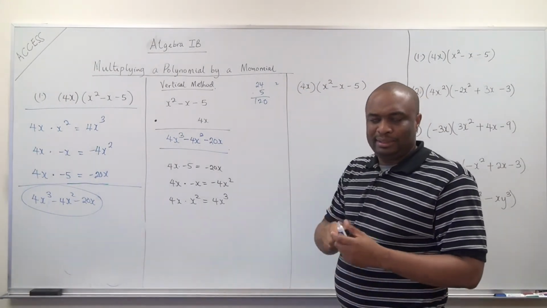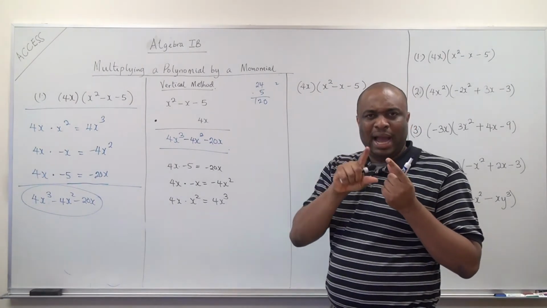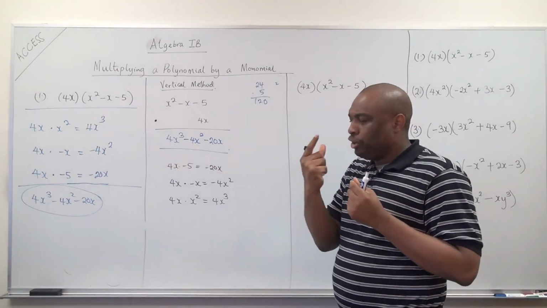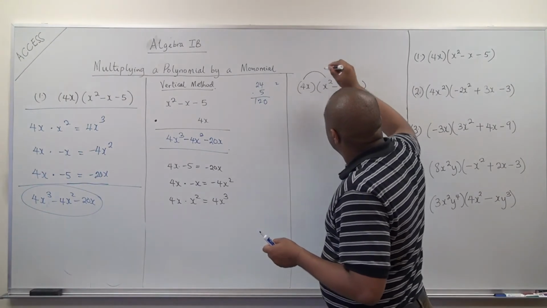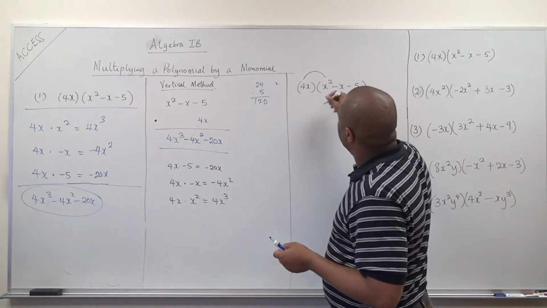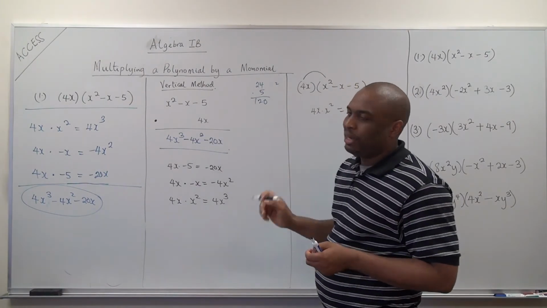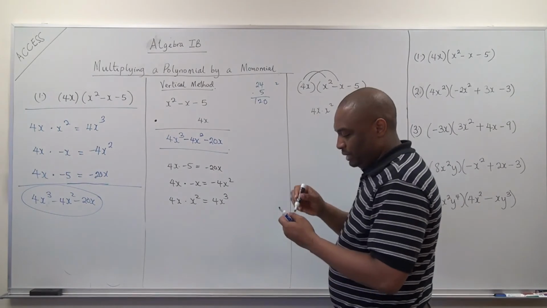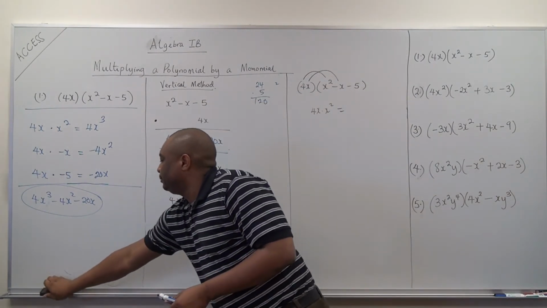Now, some other people might do it this way. Some people are visual and kinesthetic as well. They want you to show them. So they might come and do like this. First of all, 4x times x squared, which is pretty much what I do here. Then after that, they do this again. Let me use a different marker.